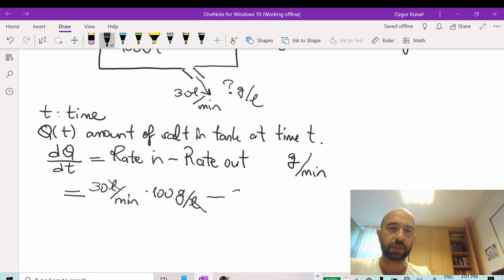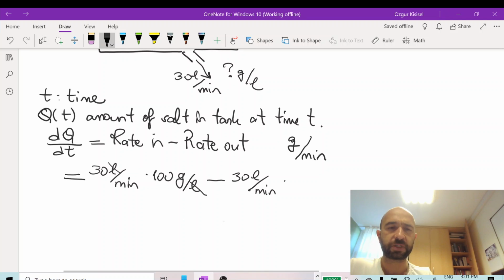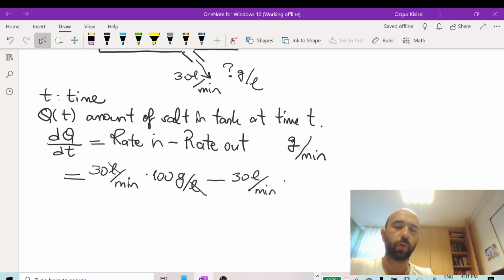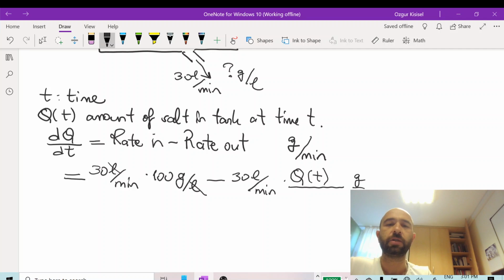Now, how about rate out? I still have the 30 liters per minute, but how many grams per liter? Well, that changes, and this is going to be a function of t. What exactly is it? I want to find the density of salt. So it should be how much salt I have at time t in grams divided by the total volume, which is 1000 liters.